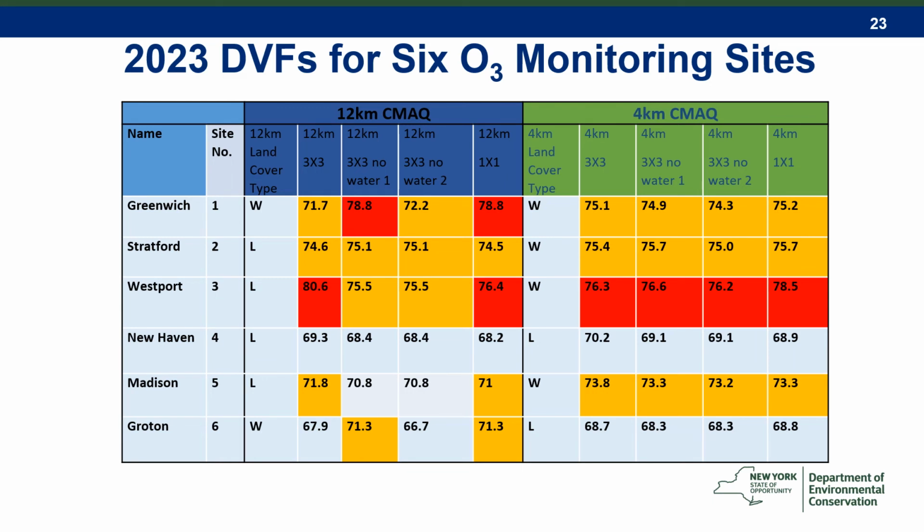The 4 km platform displays consistent results from those 4 calculation methods. For site Madison, the DVFs from 4 km CMAQ are higher than those from 12 km CMAQ. In addition, Westport's 2023 DVFs will be higher than 76 ppb.